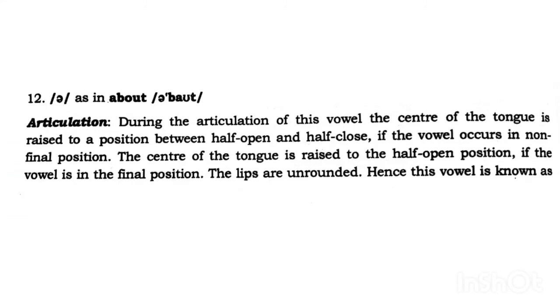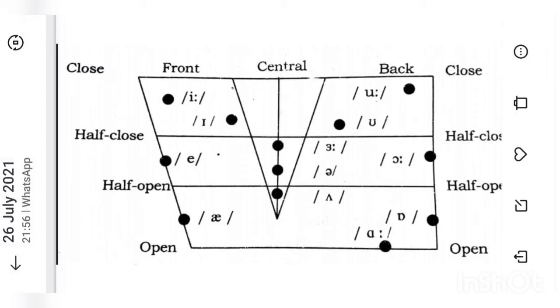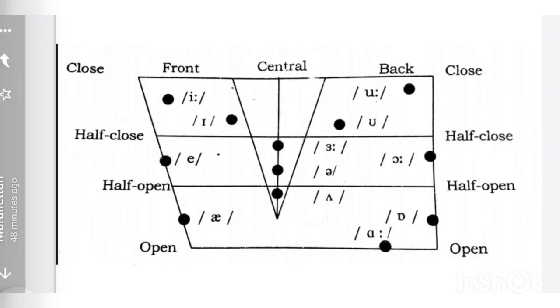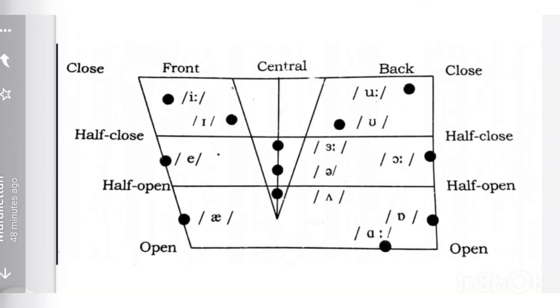See, like this. The center of the tongue is raised to a position between half open and half close, if it is in a non-final position. And there is one more condition: the center of the tongue is raised to just the half open position if the vowel is in the final position, that is, in the last section of a particular word.